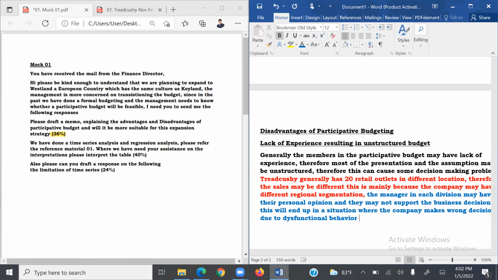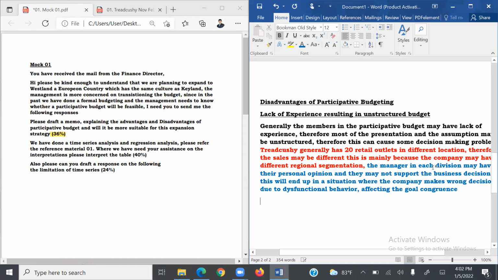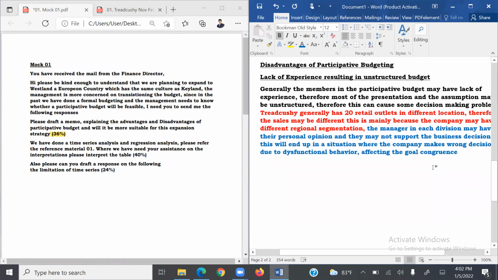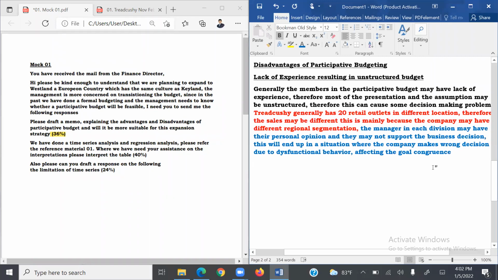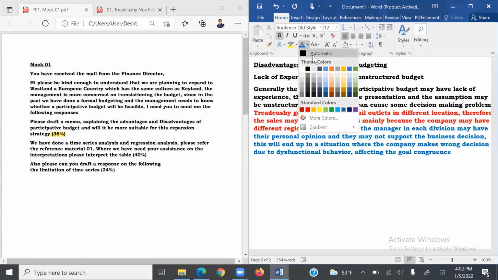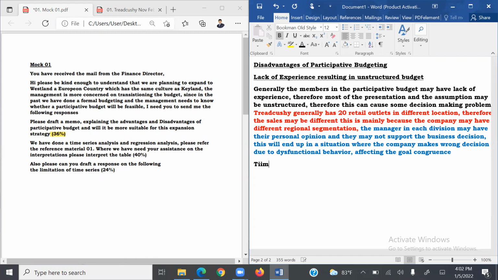That means people are only bothered about themselves, affecting the goal congruence. I believe this is giving you a better understanding of how things generally work from a business perspective, students.